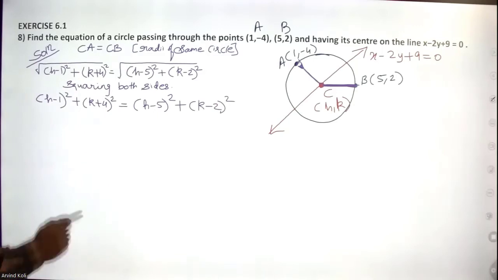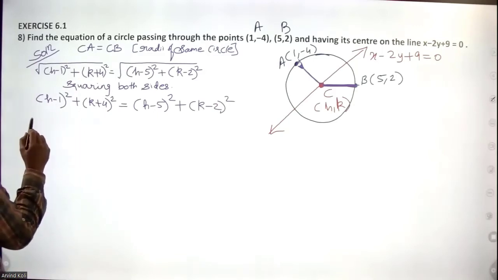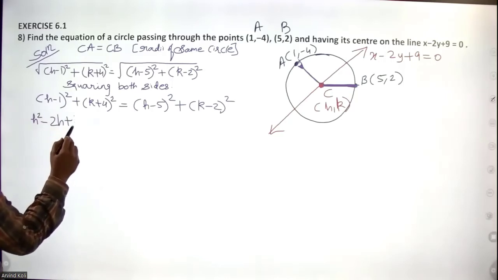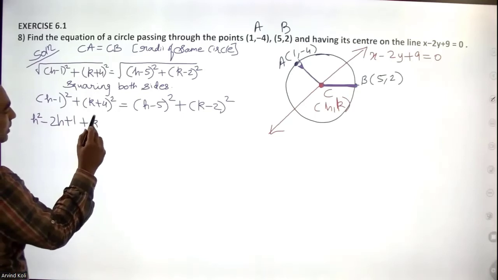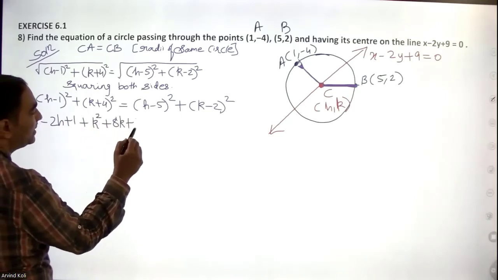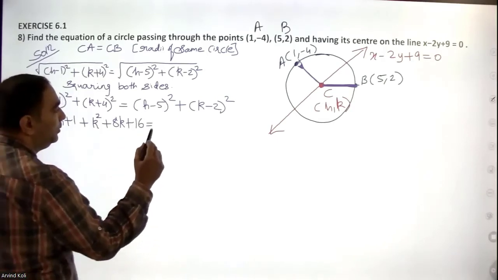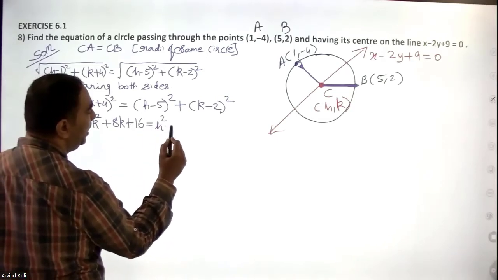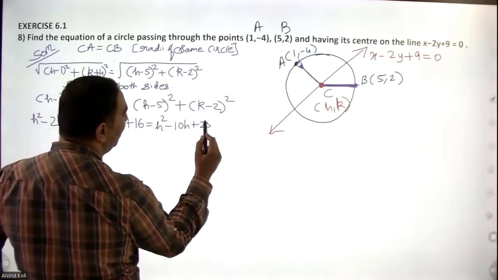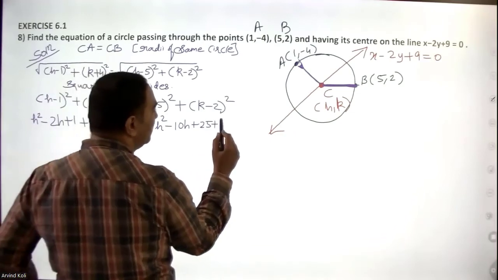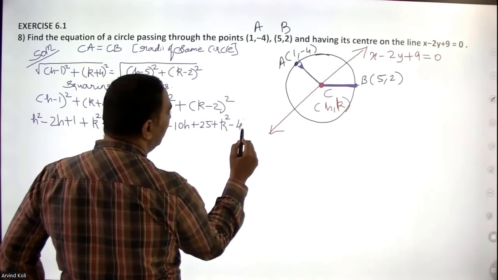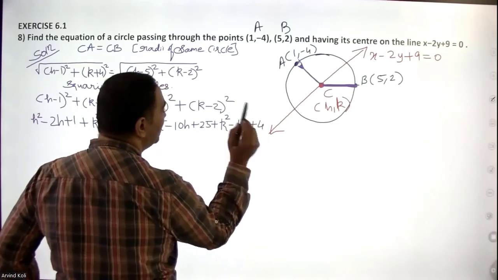All right, let's open the brackets. This is h square minus 2h plus 1 plus k square plus 8k plus 16 is equal to h square minus 10h plus 25 plus k square minus 4k plus 4.